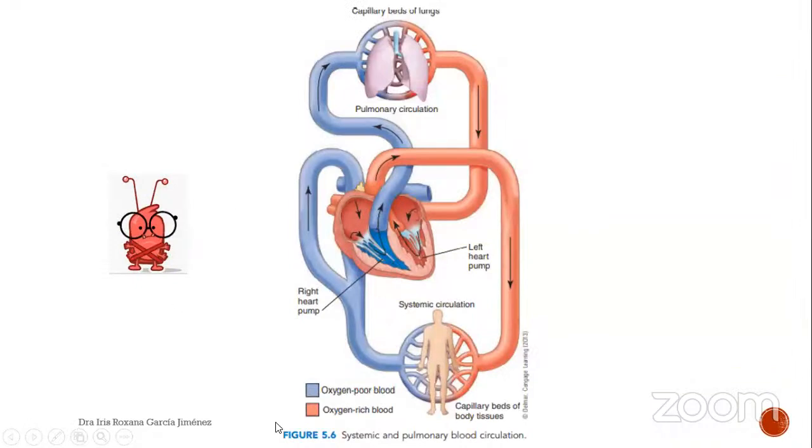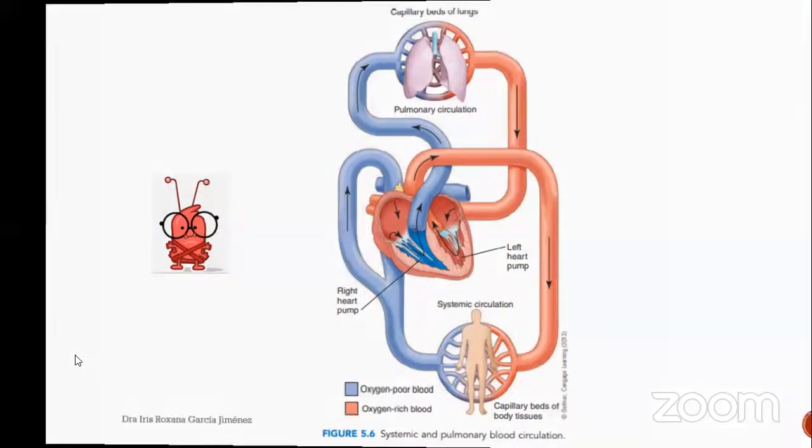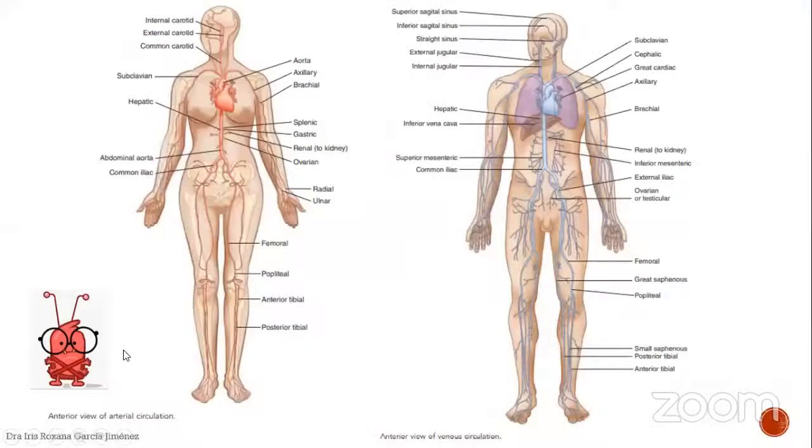Again, consider this figure because it's showing us the systemic and pulmonary blood circulation for self-studying. I'm trying to use the description in the previous slide to combine with this slide. More anatomical reviews with the most important vessels, arteries and veins.